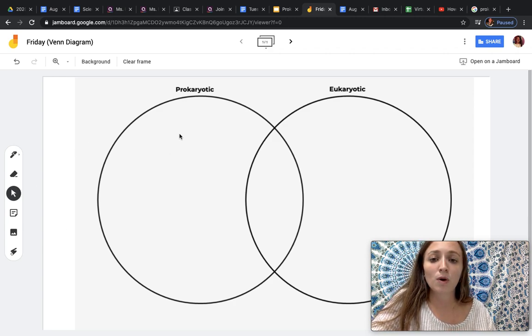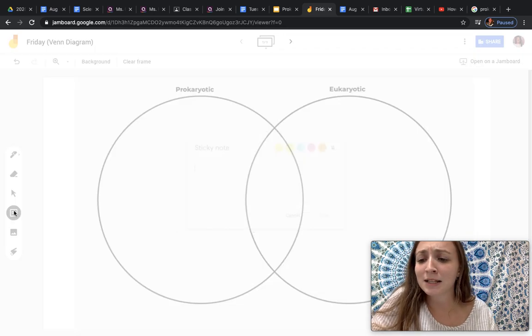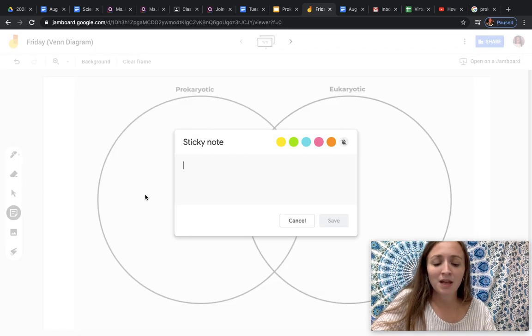So what's true about only prokaryotic cells? To type in a Jamboard, if you haven't before, if you look over here, there's this little toolbar, I guess you could call it. Click the sticky note. I think that's the easiest way. And just type whatever you want to type. So one thing that's true about only prokaryotic cells.